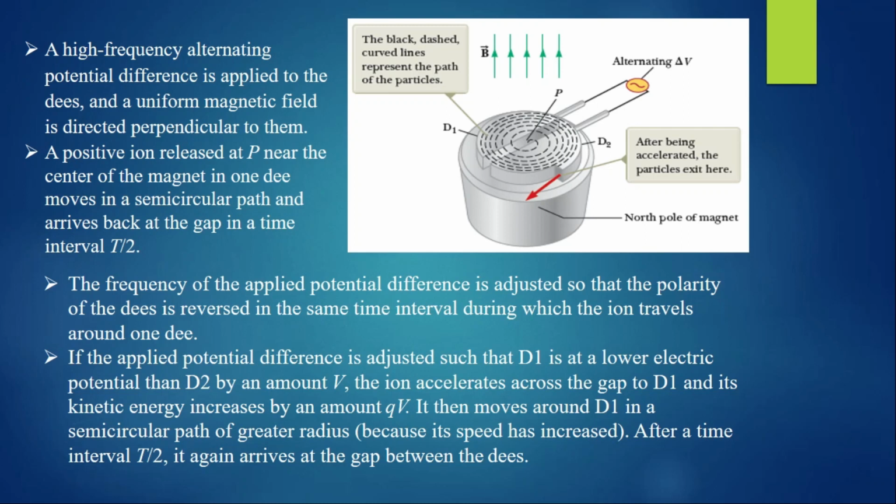It then moves around D1 in a semicircular path of greater radius, because its speed has increased. After a time interval T divided by 2, it again arrives at the gap between the Ds.